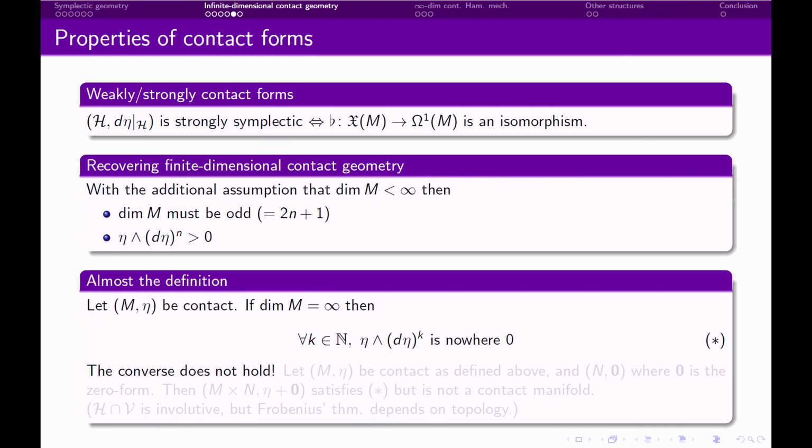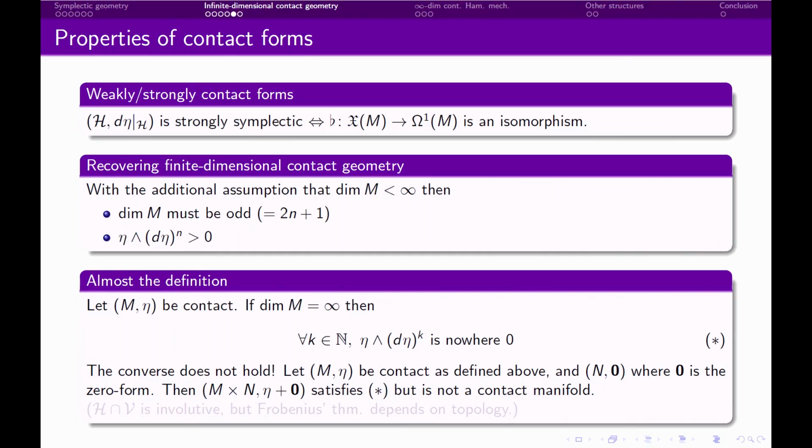However, the converse doesn't hold, because we can take an infinite dimensional contact form and some other manifold N paired with the zero form, and then the product manifold would satisfy this condition, but it would not itself be a contact manifold. And so instead what we get is a Pfaffian form, or a Pfaffian problem, which is something that I've been meaning to look more into.